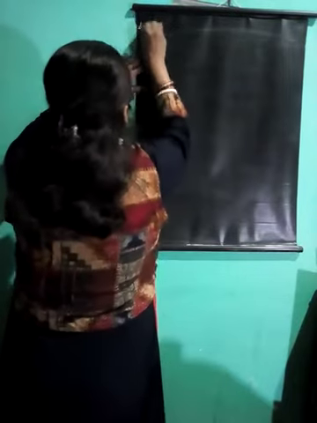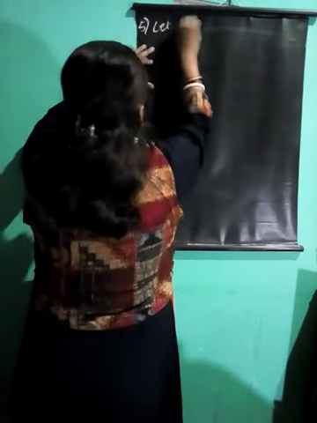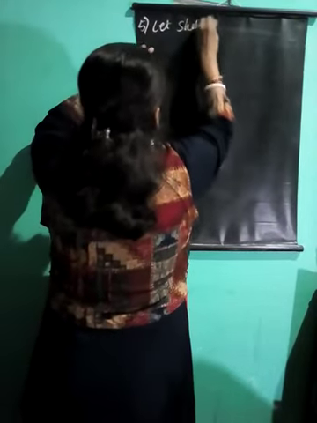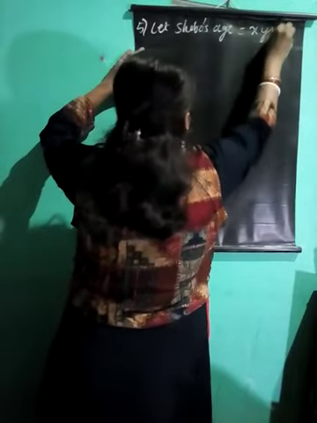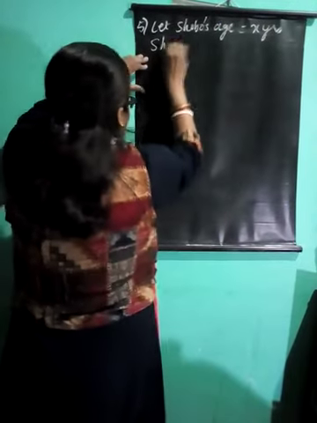Shubhu's mother's age is related to Shubhu's age. So Shubhu's age, you take it as x. Let Shubhu's present age be equal to x years. Sorry, here I should write present because present is important.